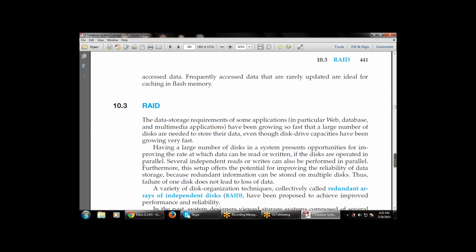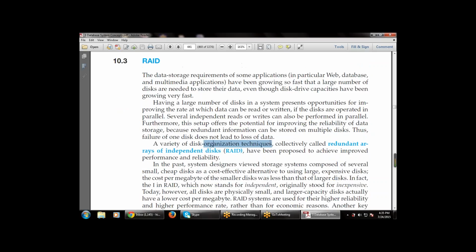Then we have discussed RAID, a redundant array of independent disks. That is also a storage medium in which we can store data, containing various independent disks. A variety of disk organization techniques, known as redundant arrays of independent disks, RAID, have been proposed to achieve improved performance and reliability.